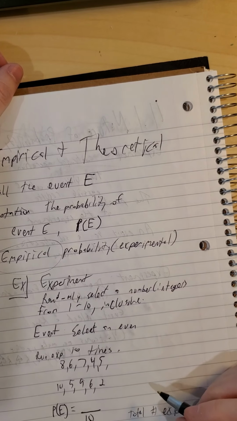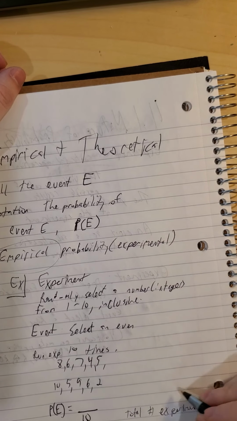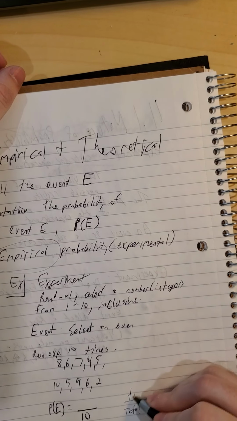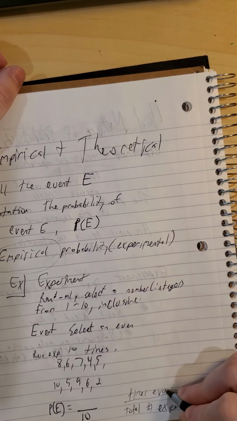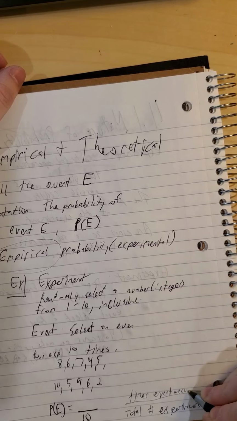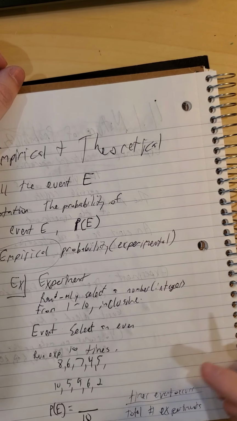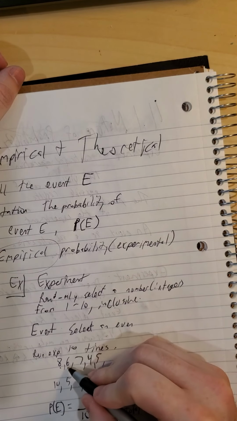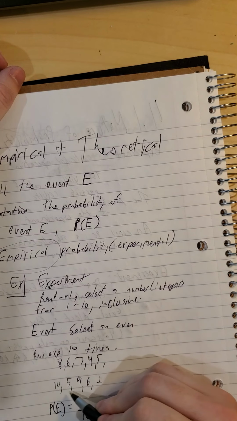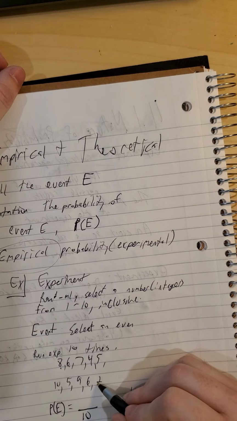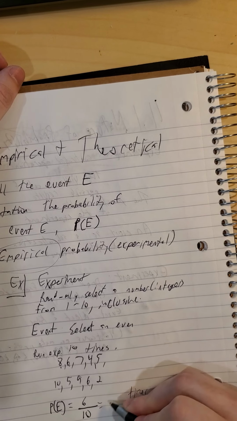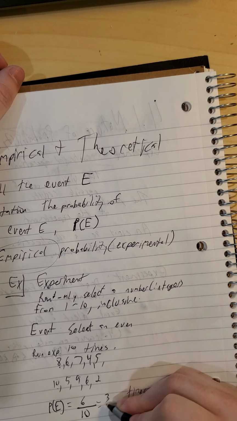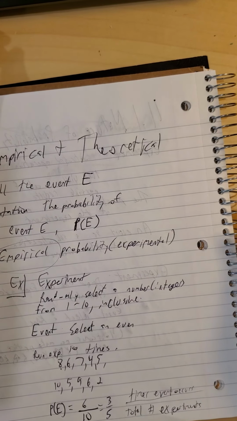The top was the times the event occurred. So in even, we had 1, 2, 3, 4, 5, 6 evens. So 6 out of 10, or 3/5.